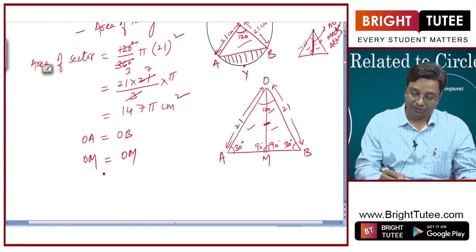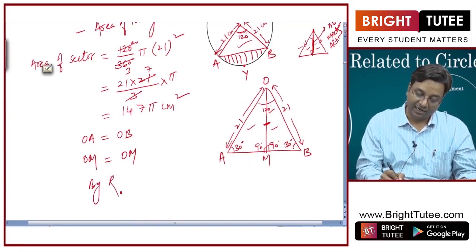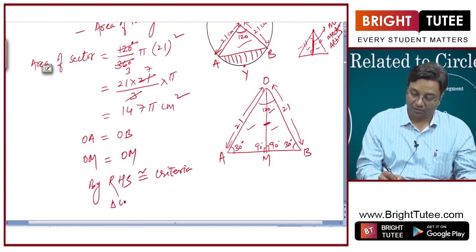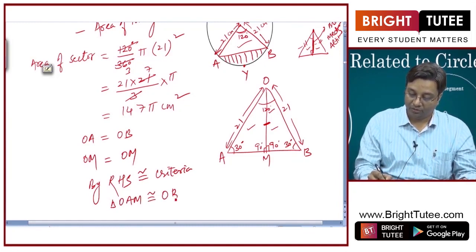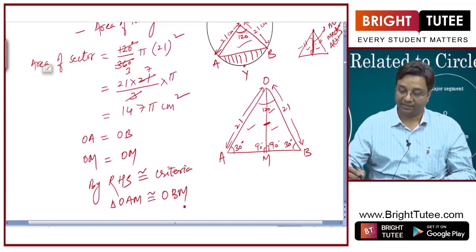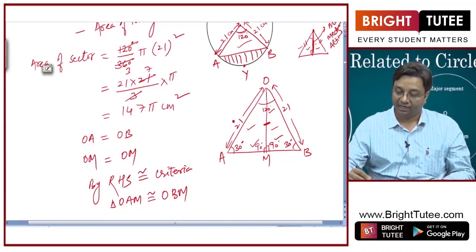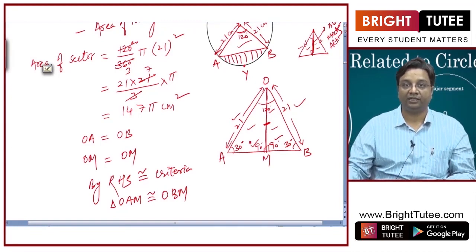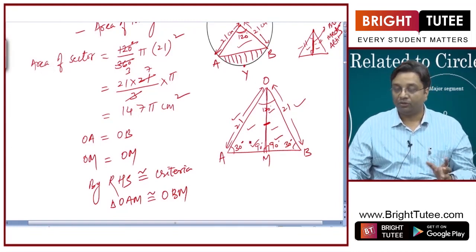Now we know by RHS congruency criteria, triangle OAM is congruent to triangle OBM. Okay, there is a right angle in both the triangles, hypotenuse are equal and one side is equal. So these two triangles are congruent.